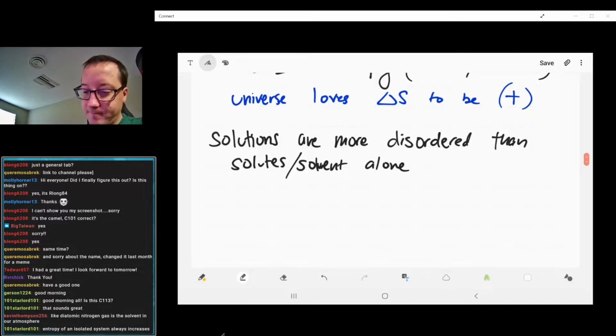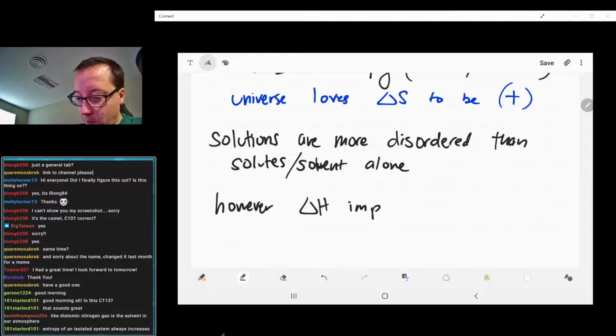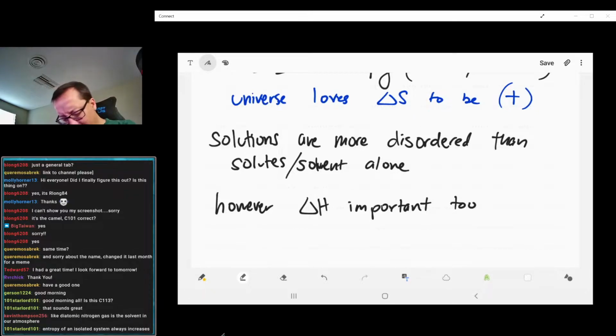However, we also have our very favorite thing that we've learned to dread since learning about thermochemistry way back when, is delta H, of course, which you will never be rid of. We're going to see that delta H can have some impact on solution formation as well.